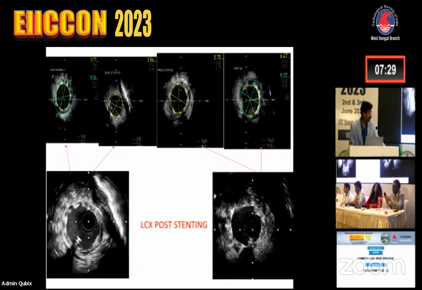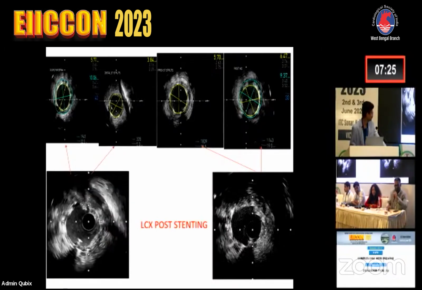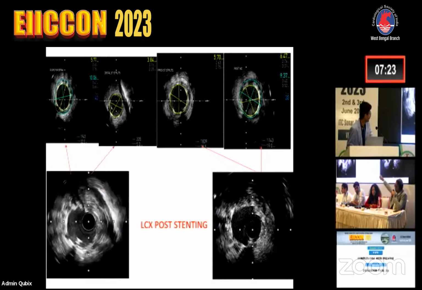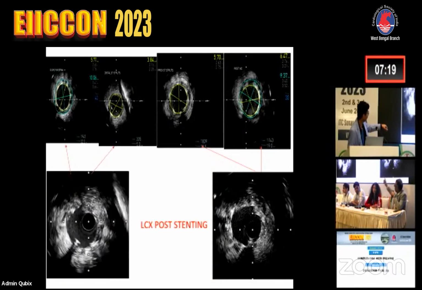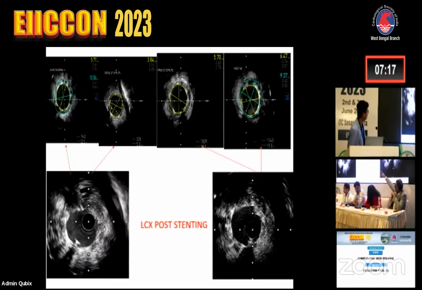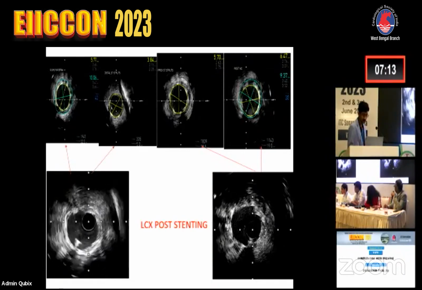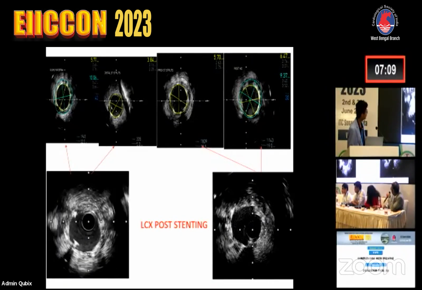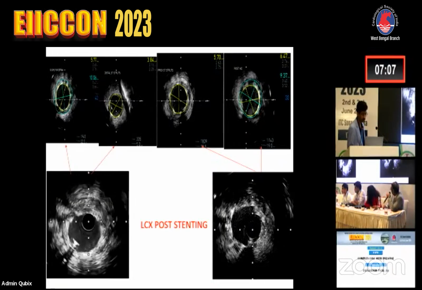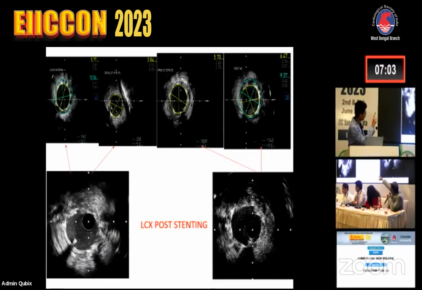What is that structure which is moving on the corner on the IVUS? This floppy structure, at the 1 o'clock to 2 o'clock?